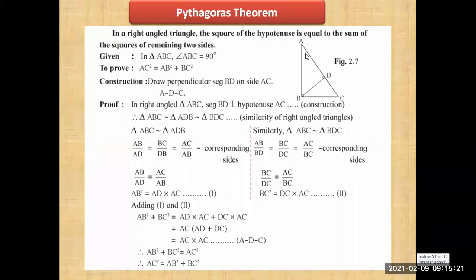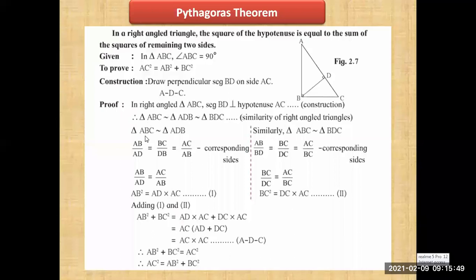And according to the first theorem, that is similarity of right angle triangles, ABD is similar to ABC is similar to BDC. So we consider one by one here. First, we consider these two triangles are similar. Which two triangles? ABC similar to ADB. As these two triangles are similar, their corresponding sides are in proportion.